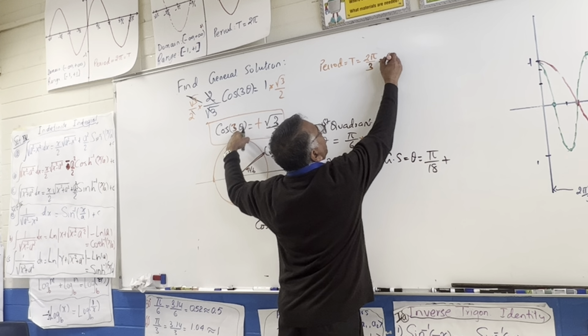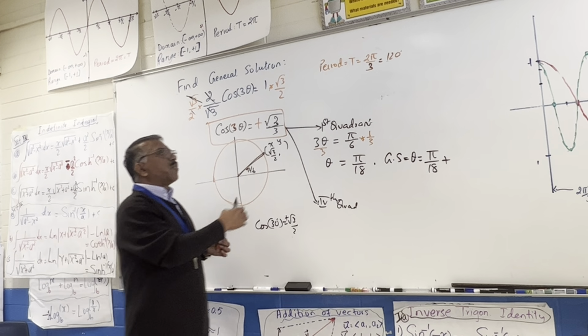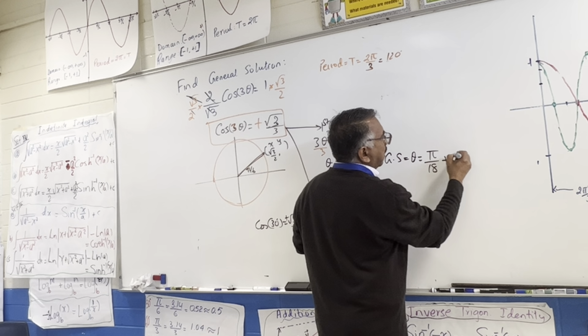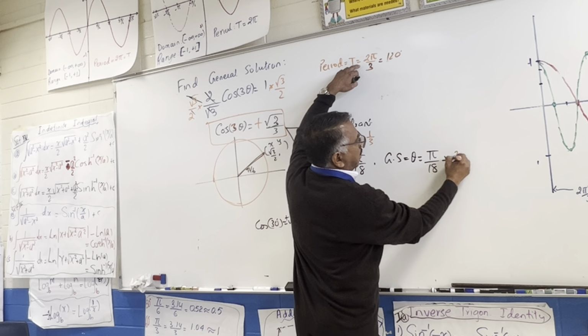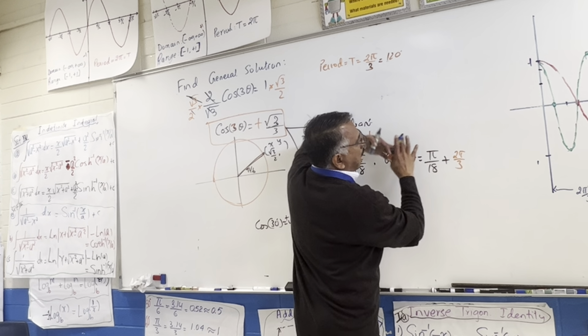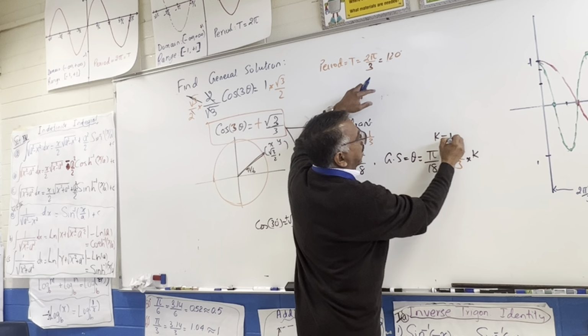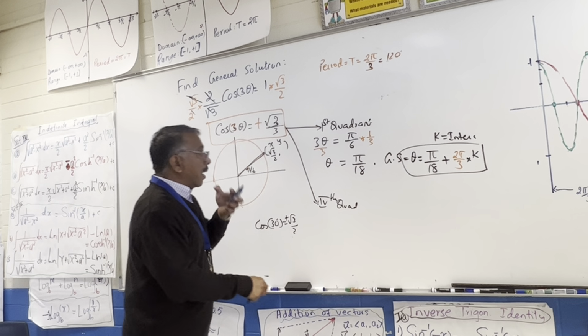So every 120 degrees the cycle repeats. So the period is 2 pi by 3, and you add 2 pi by 3 times k, where k is any integer. That's the general solution for the first one.